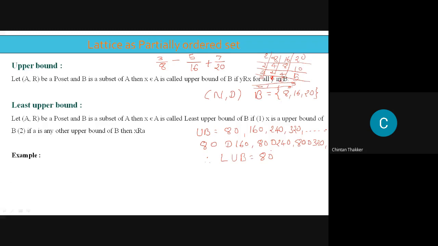Take one more example, the same one which we took in the less than or equal to form, that is, N with less than or equal to as the poset. B is given as 4, 6, 8 and 10. So which are the upper bounds here? We have the less than relation.